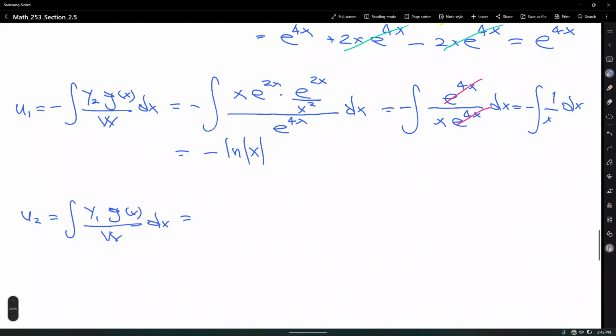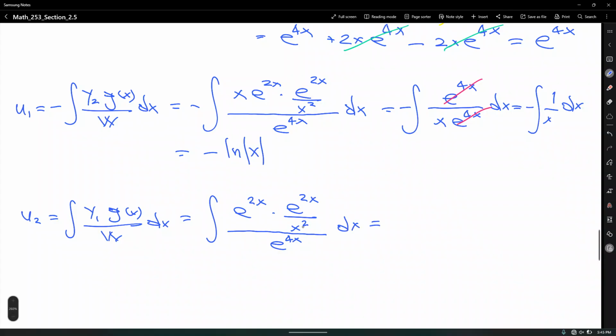What's y sub 1? y sub 1 was e to the 2x, so that's the integral of e to the 2x, which is y sub 1, times g of x, which is e to the 2x, also divided by x squared, and everything divided by e to the 4x, which is the Wronskian, dx.